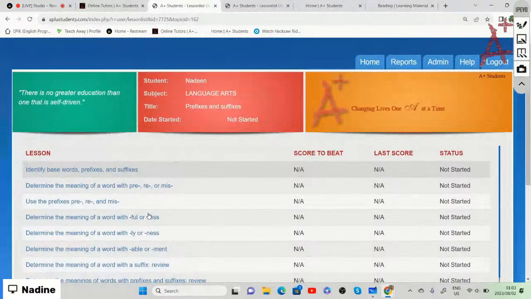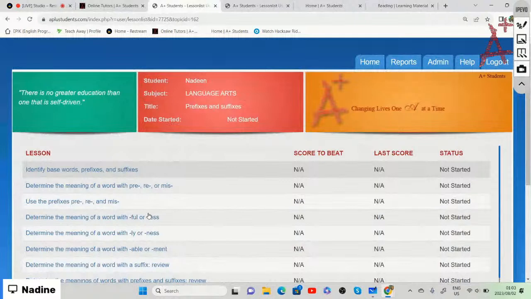The next lesson will then be to determine the meaning of a word with pre, re, or mis. And usually when it comes to words like prefixes, you need to know what the meaning of these words are in order to know the meaning of certain words.